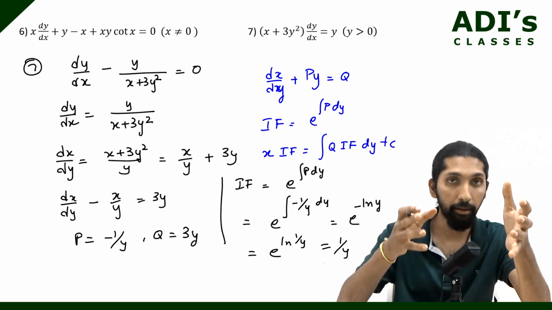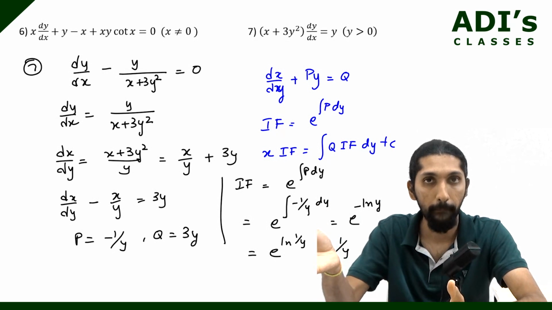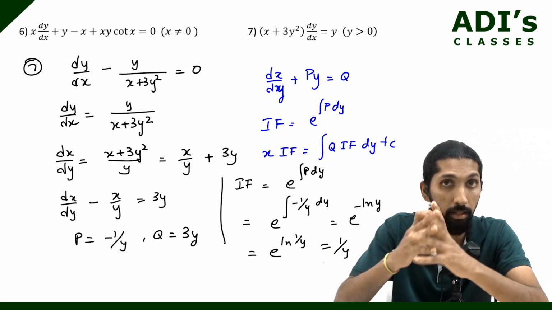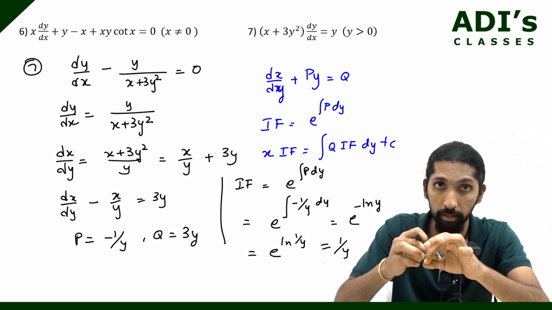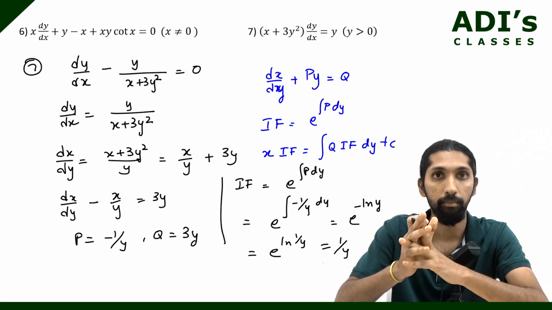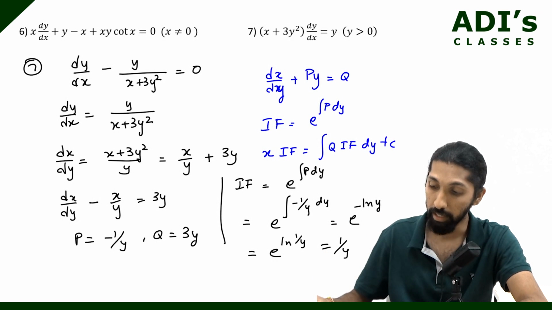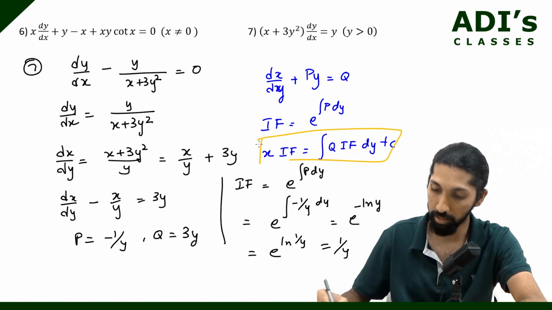So my integrating factor is just 1 by y. I hope this is clear. What is the integrating factor? Just 1 by y. Now we are going to take it and substitute in this particular equation.